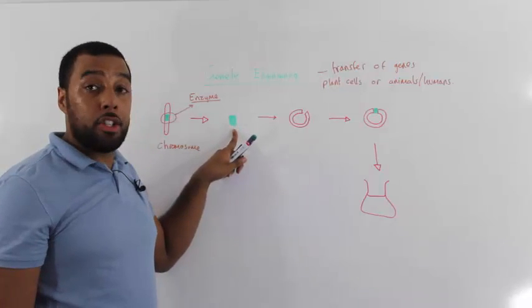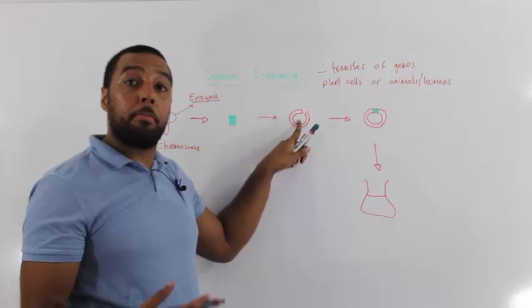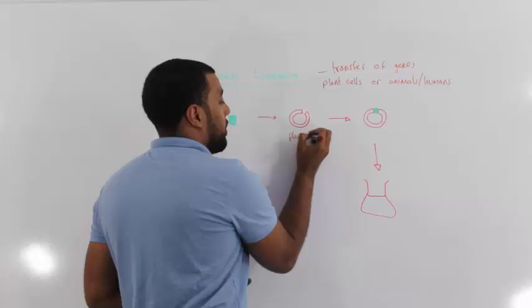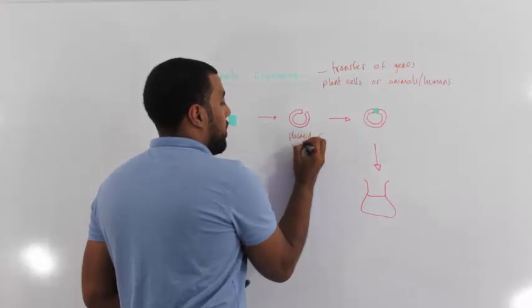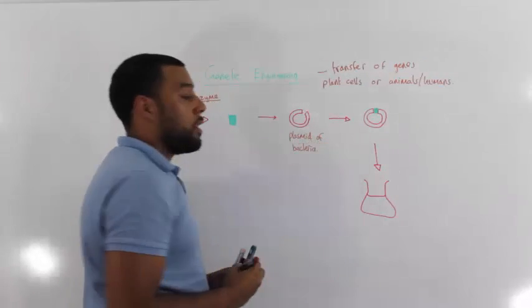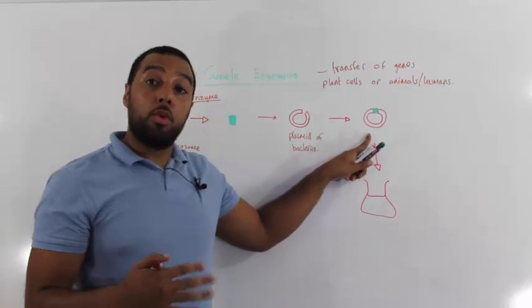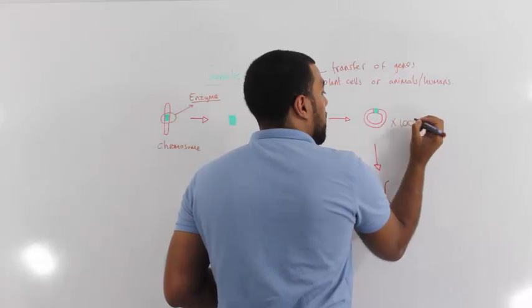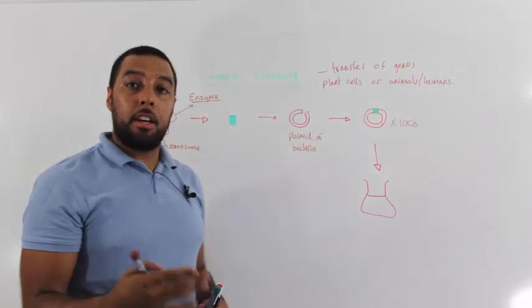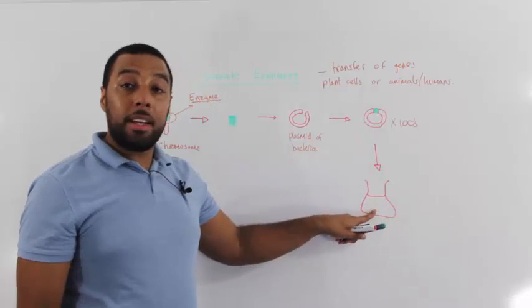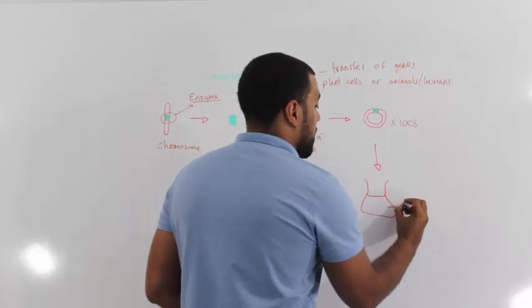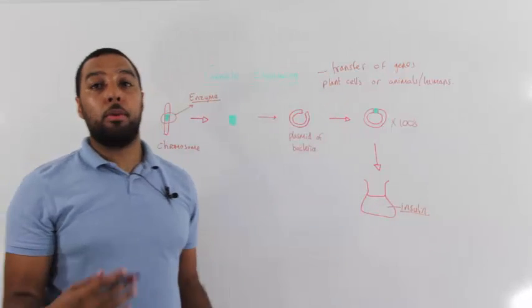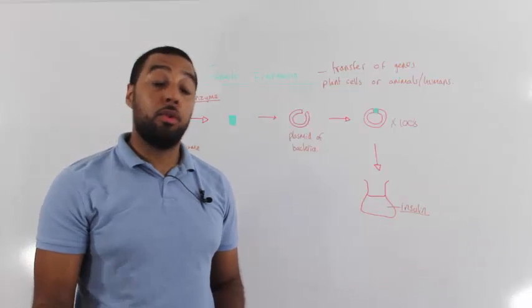Well, we then take that gene and we place it into the plasmid of a bacterium. That bacteria will reproduce many times. And as that bacteria reproduces many times, we're going to start to produce our insulin. And this insulin can be used for people who are diabetic and unable to make their own insulin.